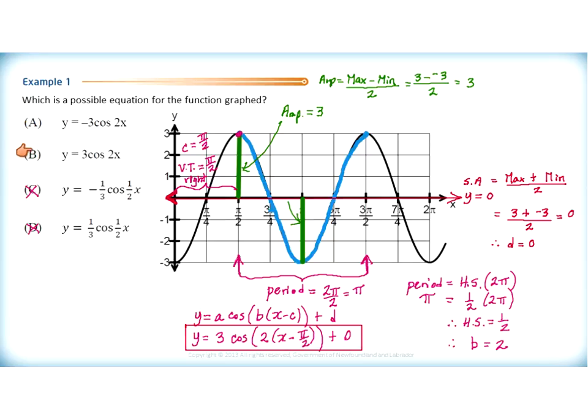So the answer has to be A or B. Notice that the absolute value of a is equal to 3, which represents the amplitude. So the answer here cannot be 3 times the cosine of 2x because we already have a horizontal translation or a phase shift. So let me select a different section of the graph to show you the correct answer.